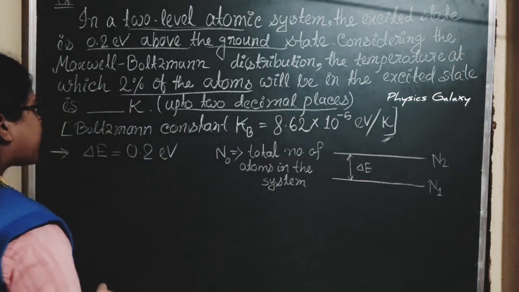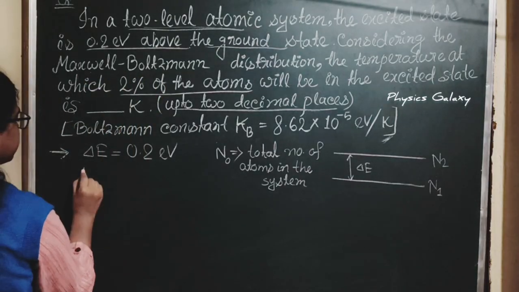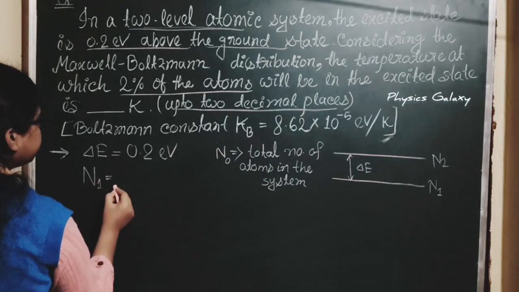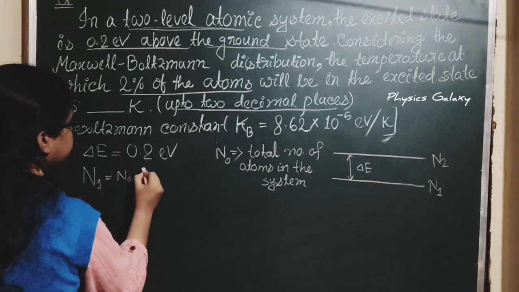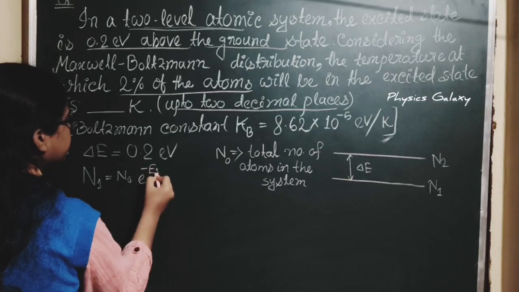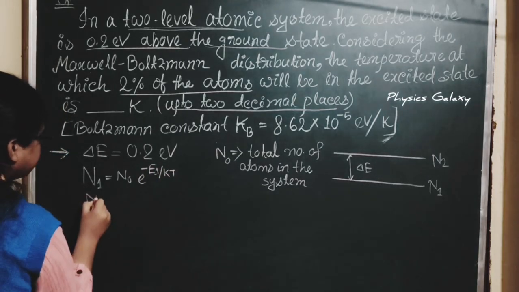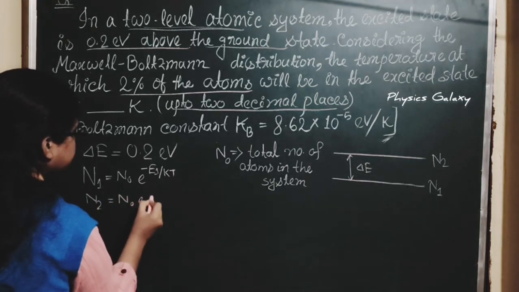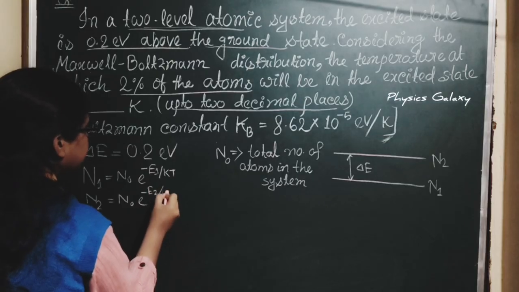Okay, so according to Maxwell-Boltzmann distribution, we can write N1 equals N0 e to the power minus E1 by kT and N2 equals N0 e to the power minus E2 by kT.